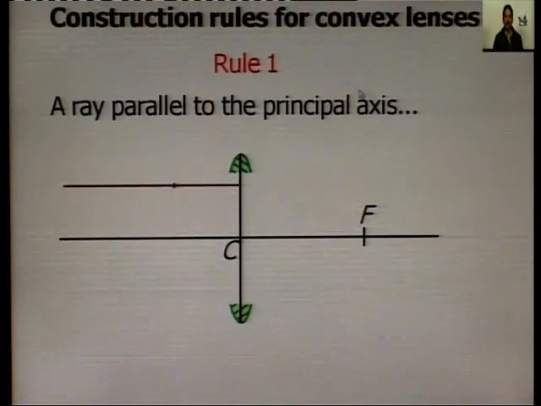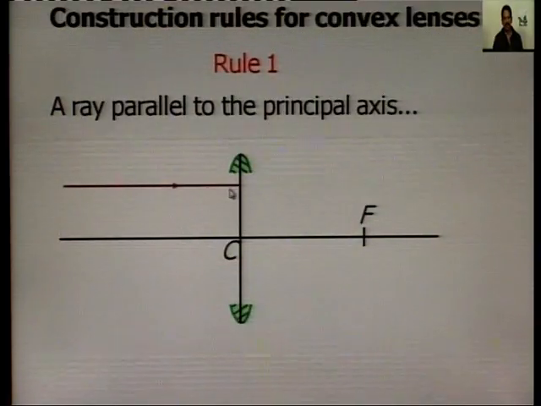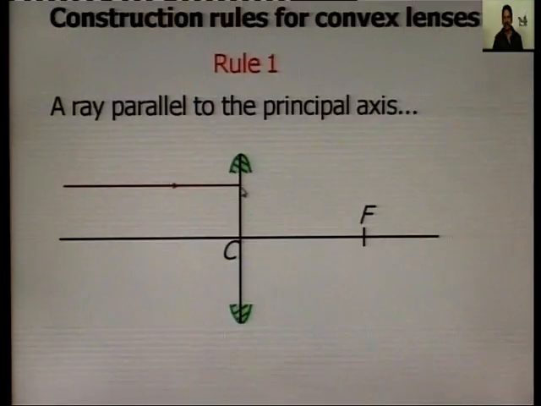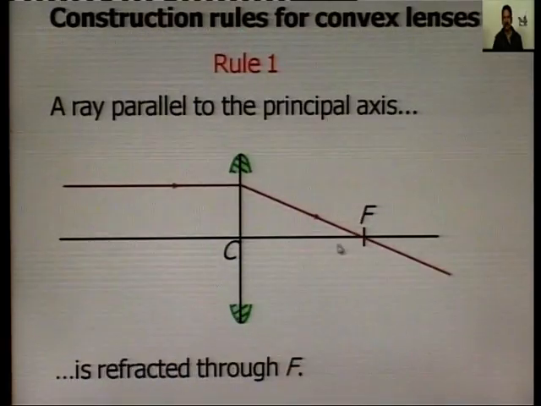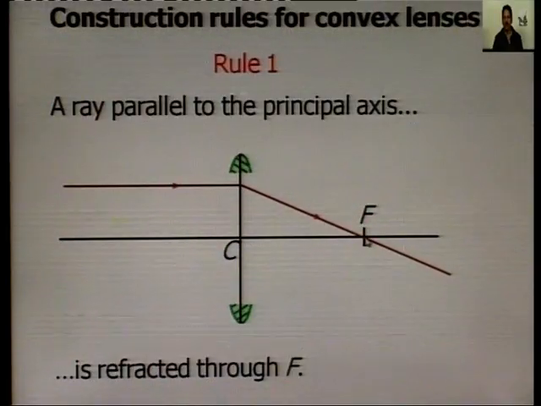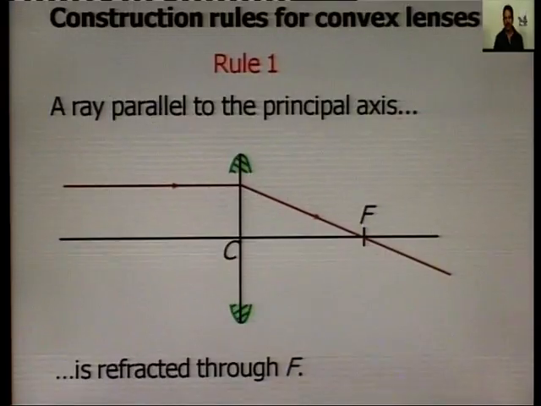First rule, rule 1 for the construction of images: a ray parallel to the principal axis is taken. This parallel ray, when it enters the lens, will pass through the principal focus of the lens. So, a ray parallel to the principal axis is refracted through the focal point.